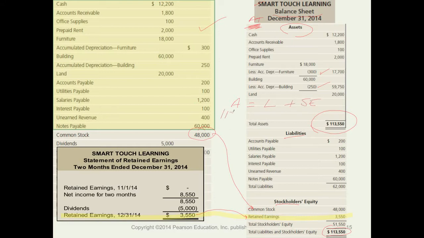So the 113,550 is equal to liabilities of 62,000, which is your total liabilities, and your stockholders' equity. Okay, so I'm sorry, the total stockholders' equity should be 51,550, with the total liabilities and stockholders' equity at 113,550. Right. So again, it's in accounting equation format. Liabilities 62 and stockholders' equity 51,550.